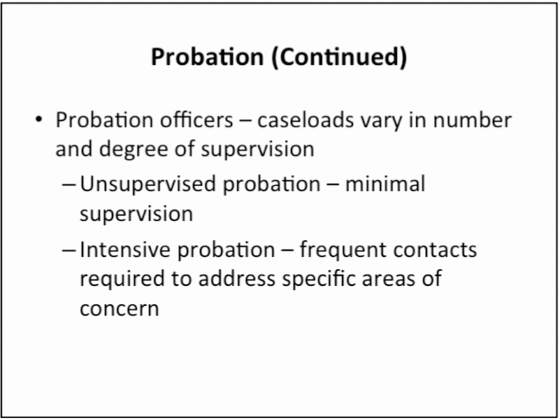Probation officers have a caseload, and it can vary in terms of how many and the degree of supervision. Unsupervised probation would be minimal supervision. Intensive probation would be frequent contacts. At the end of 2002, there were almost 4 million people on probation.